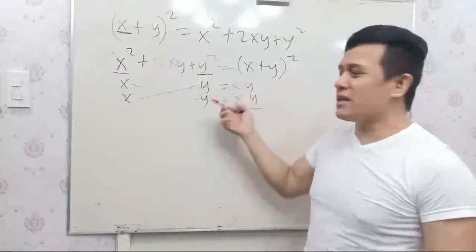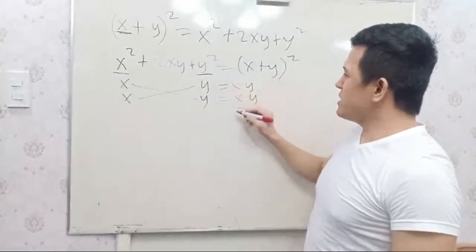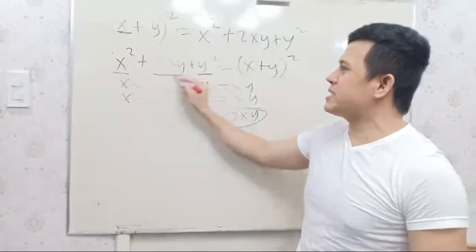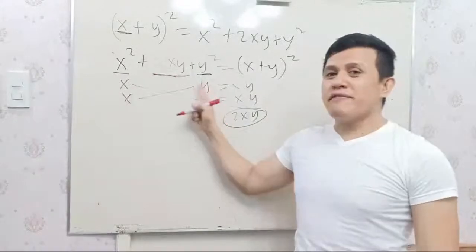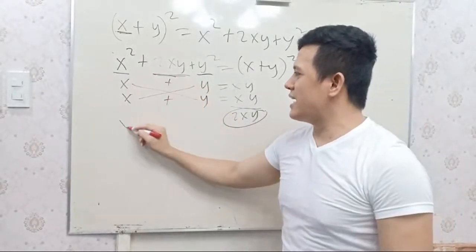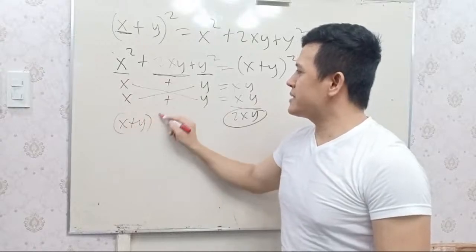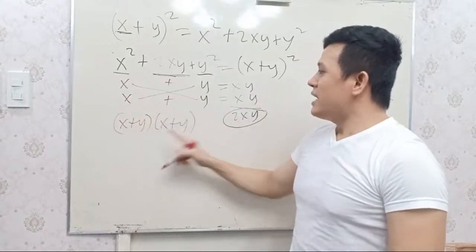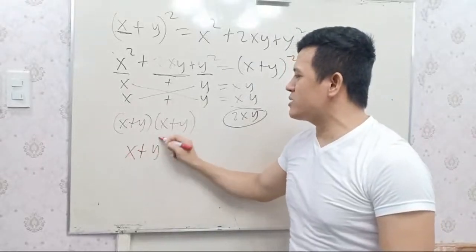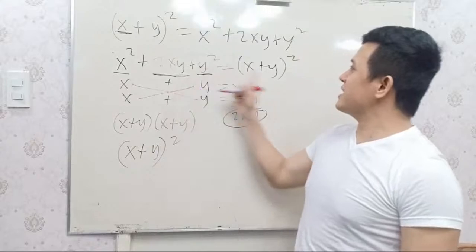And then, sum niyan, or I add, this is 1 and 1, so we have 2xy. Now, if the answer is the same as the middle term, that means our factors, you just add them. So we say x plus y times x plus y. Now, as you can see, they're just the same. You can express that in exponential form, x plus y squared, which is just the same here.